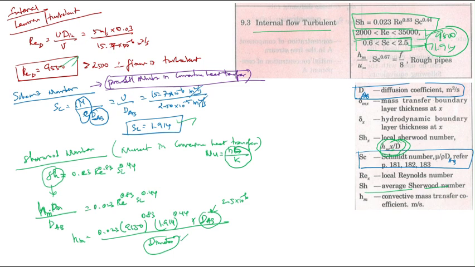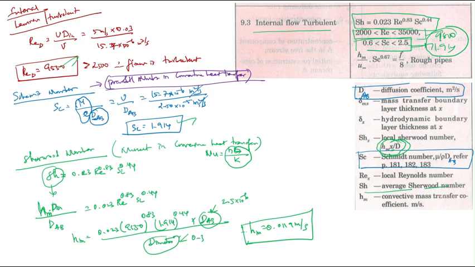The diameter you know is 0.03. After substituting all the values, you can get the mass transfer coefficient, which is equal to 0.0119 meter per second.